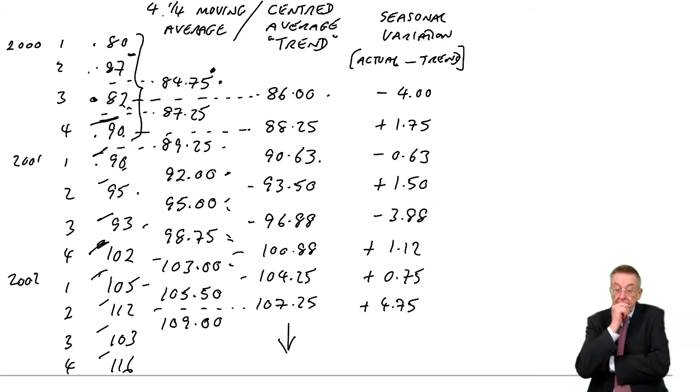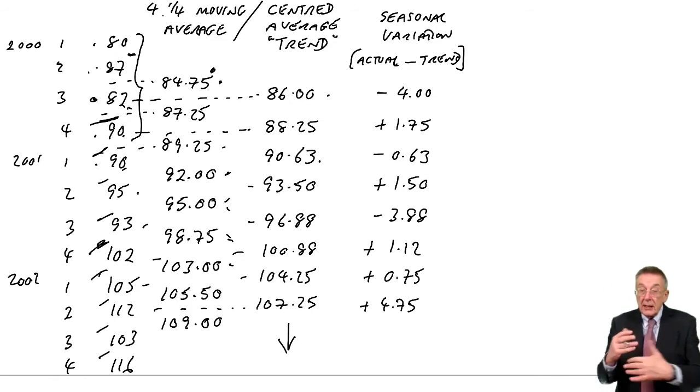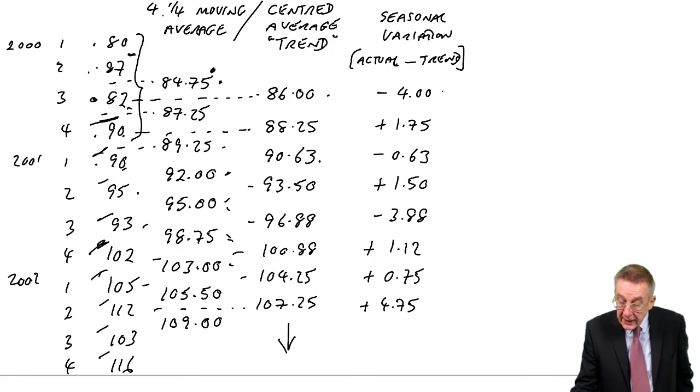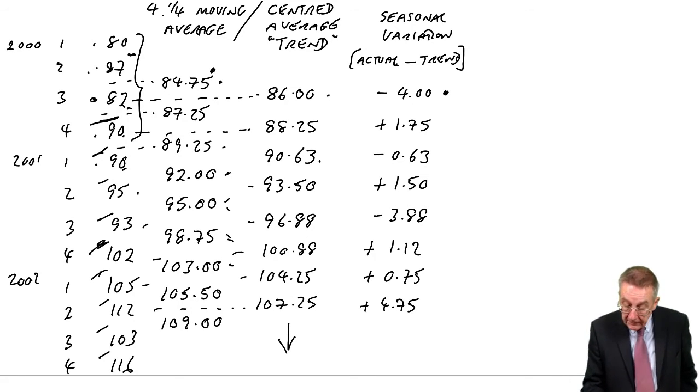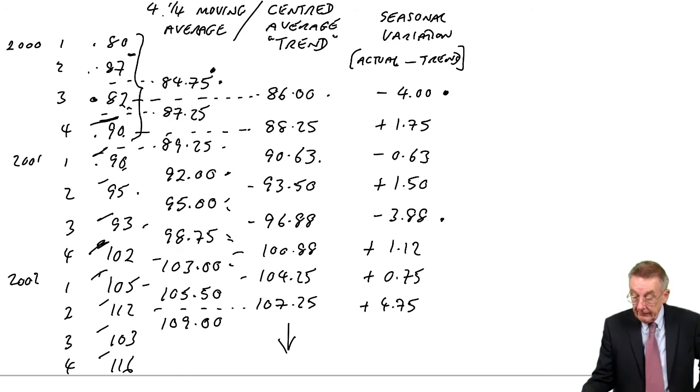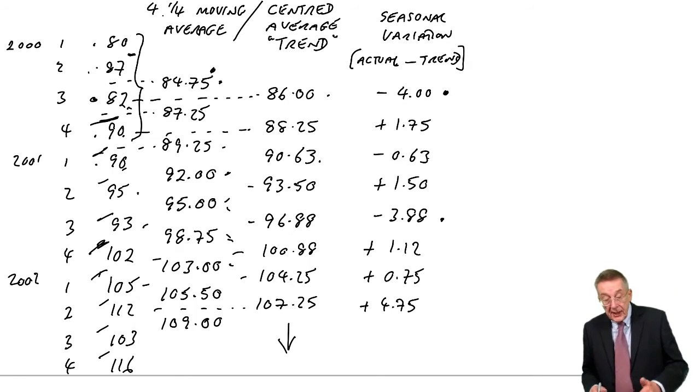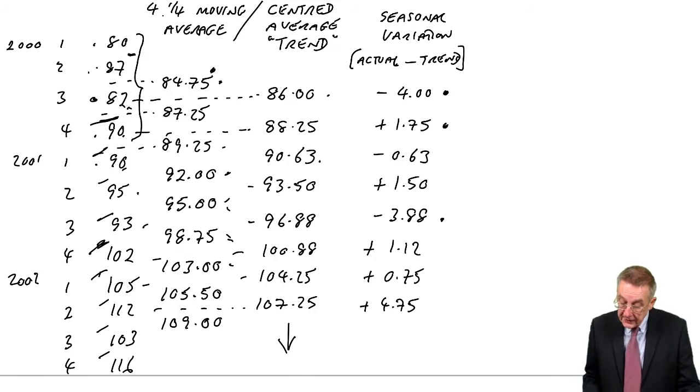Now, all right, we've only got, only looking at a short period here, but look what's happened. Quarter 3 is down 4, it's down 3.88. Well, so it just seems to be seasonality. Quarter 3 always seems to be down. Quarter 4 is up 1.75. Quarter 4 is up 1.12.